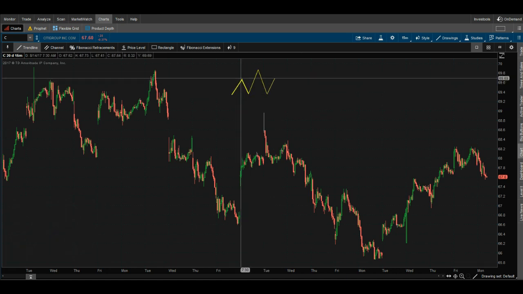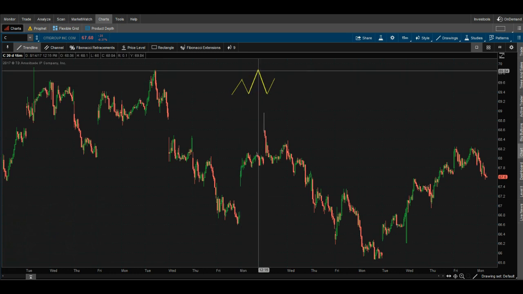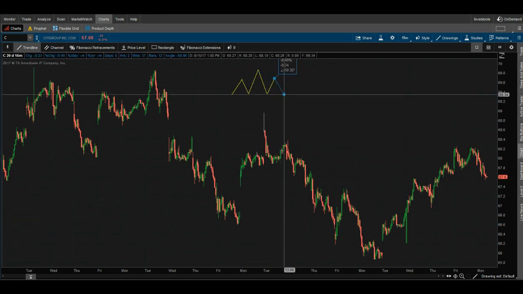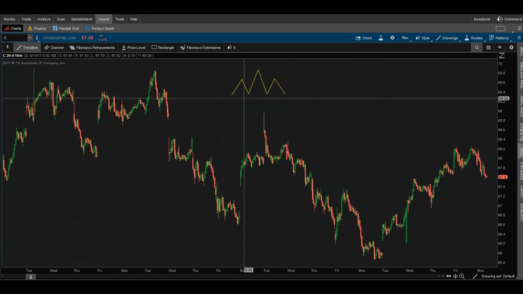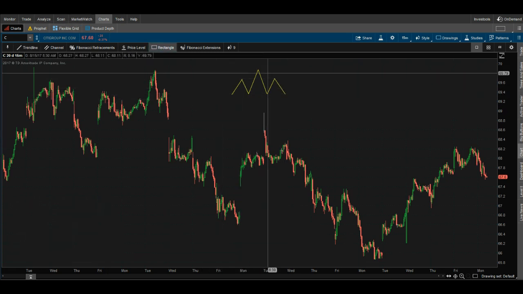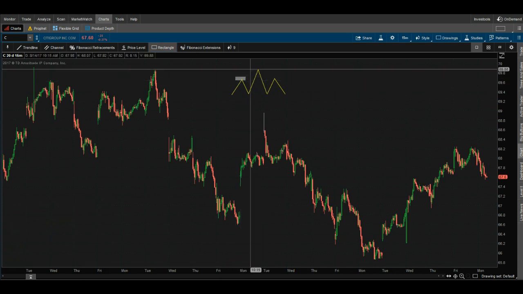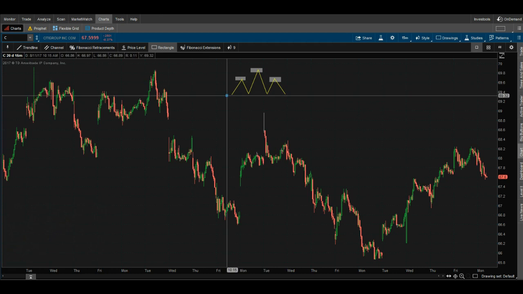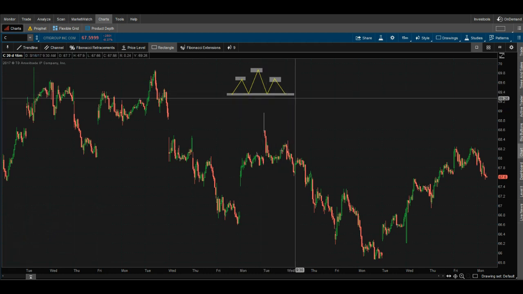Okay, so essentially you have the left shoulder, the head, and the right shoulder, right? And then price will stall out and then reverse back down and go back down to the support level. So essentially you have the head and shoulders pattern, okay? And you could say this is your neckline right here.